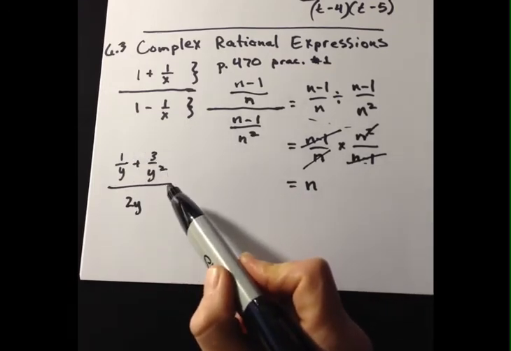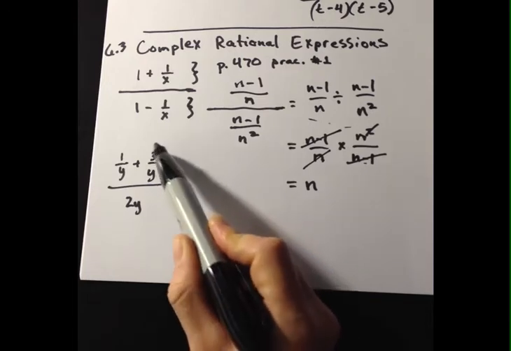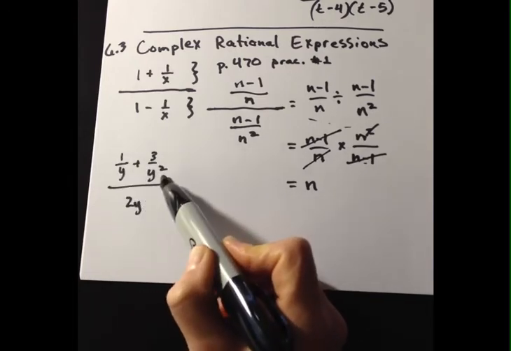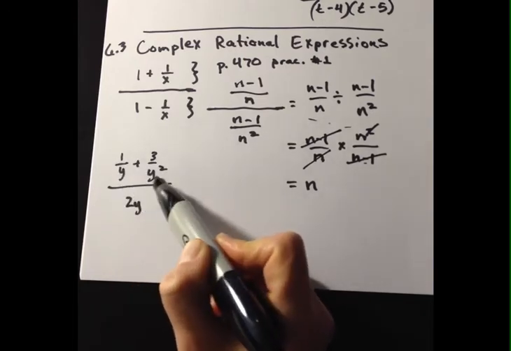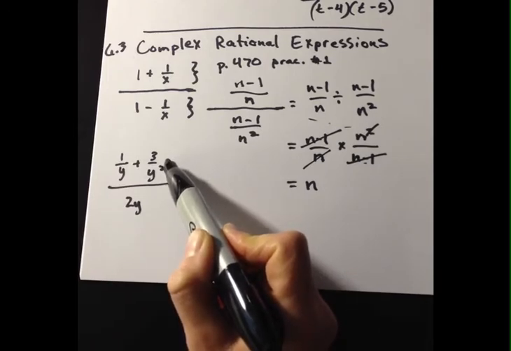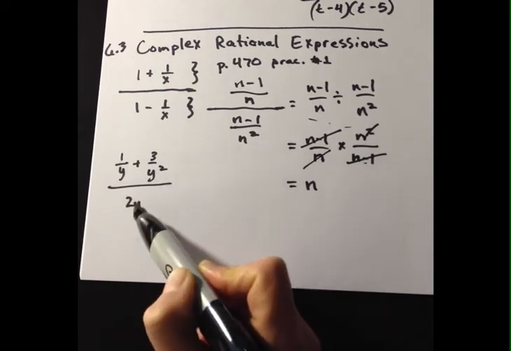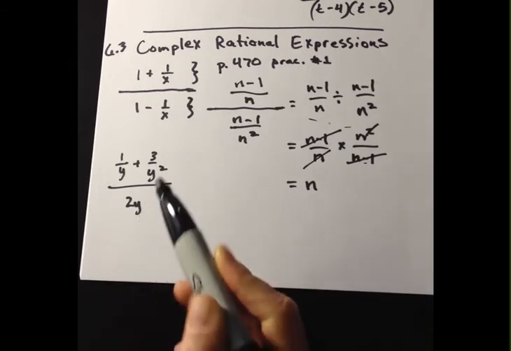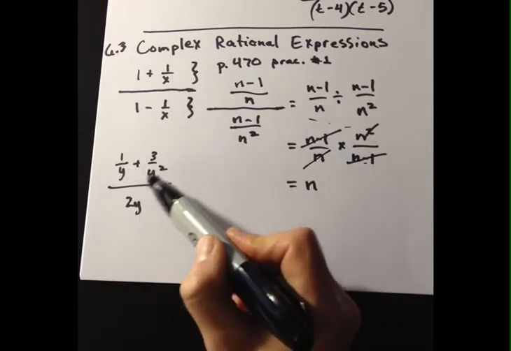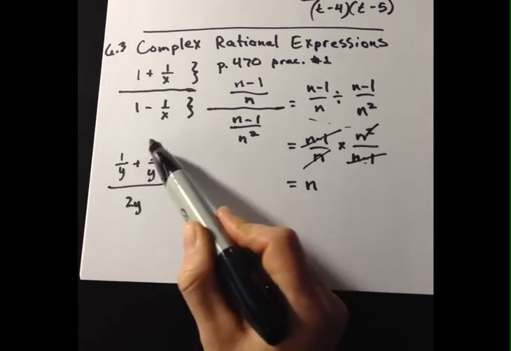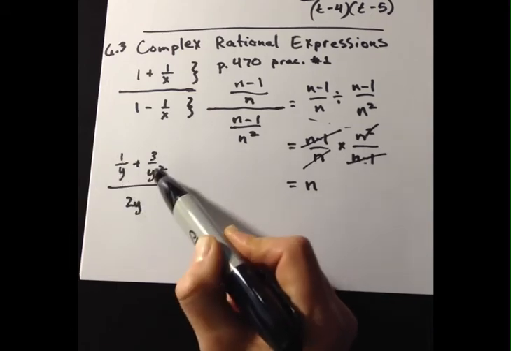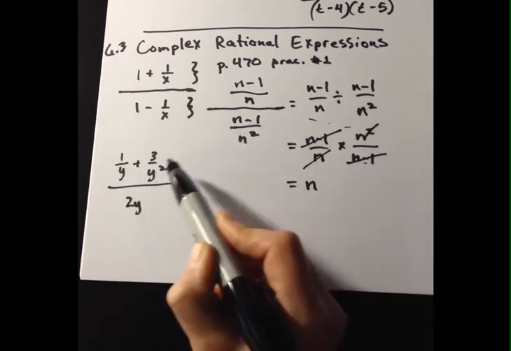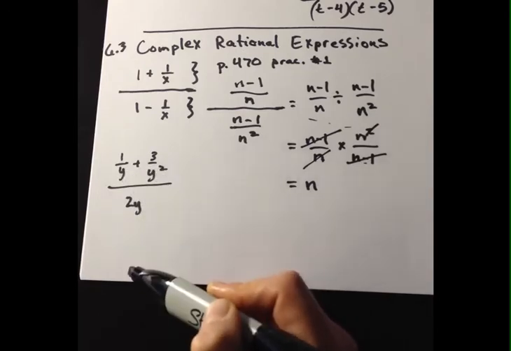Now in this case, we have two rational expressions being added together, and then that is being divided by another rational expression. So the first thing I'm going to do is actually simplify this addition. I'm going to put this in terms of a least common denominator so that I can add these two things together.